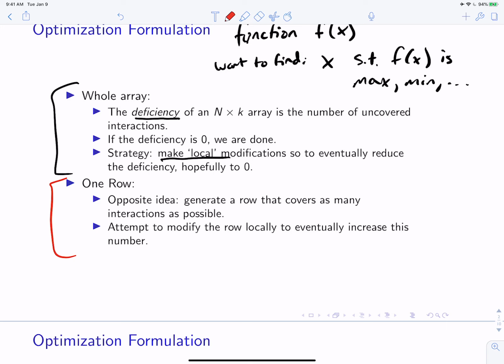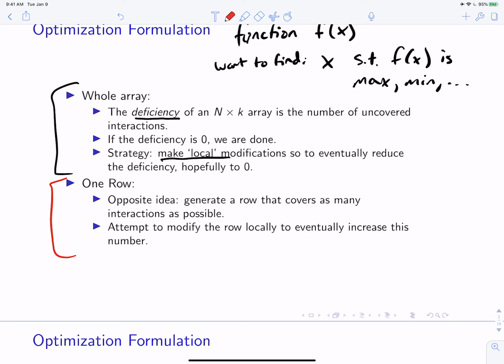You just say, we have 100 rows right here, and we're just going to stick to 100 rows forever. And then we modify the array that we just happen to pick. The one row formulation is not exactly the same, but maybe you just pick the rows at random. That's another way that it could be done too. But the whole array one is a lot better if you have a certain budget of a certain number of rows. Whereas the one row one, you don't guarantee how many rows are made.